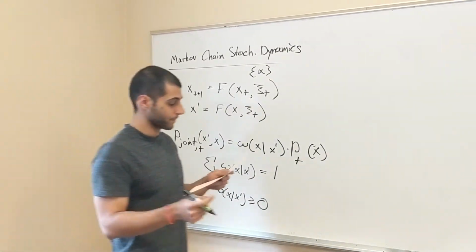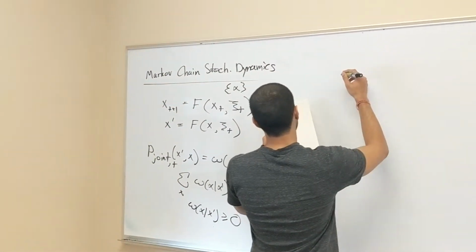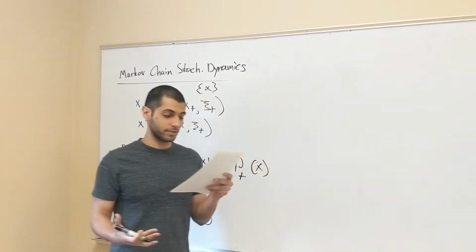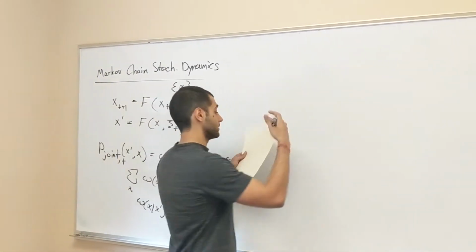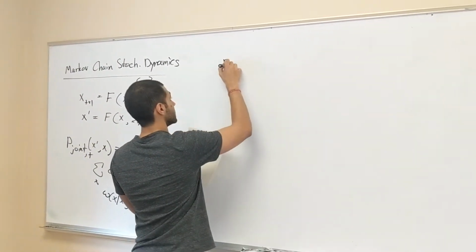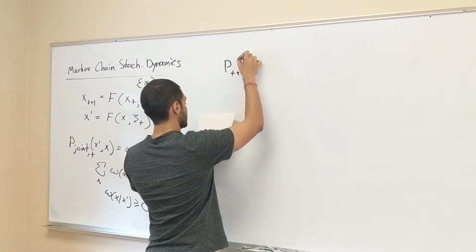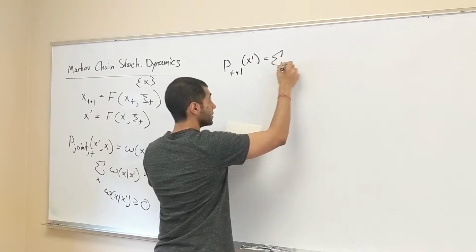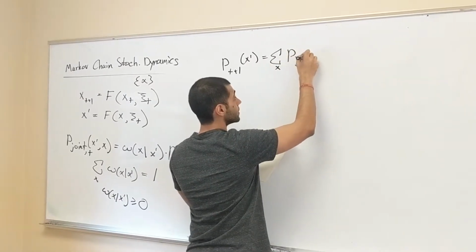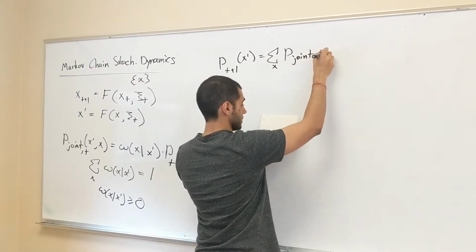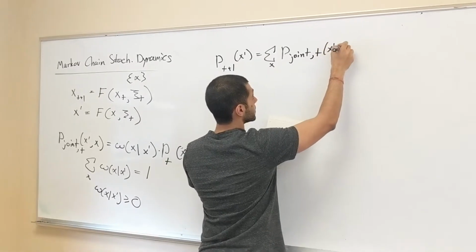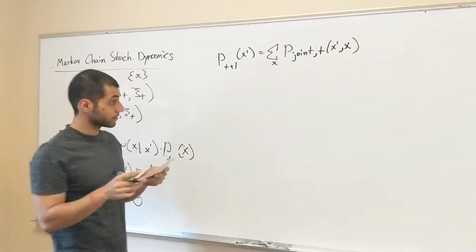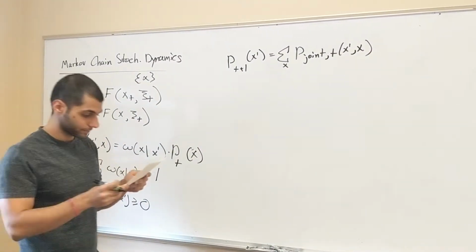Okay. Now we could write the marginal probability for the configuration at time t plus 1 by just summing the joint probabilities over x. So we're given just the probability of x prime.